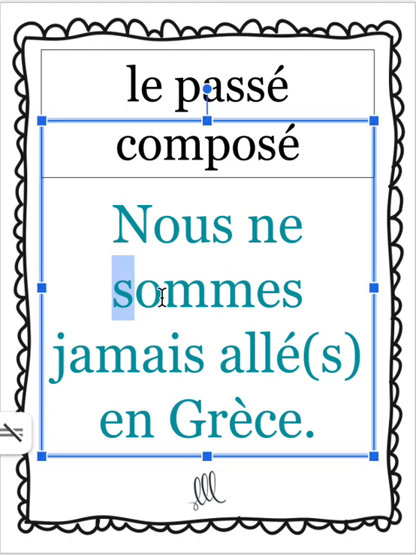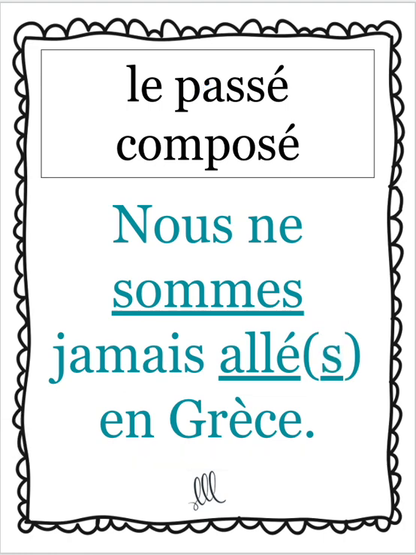Here you have your helping verb, which is the verb être, and your past participle, aller, and we have to make agreement with nous, which is plural, by adding an S. D'accord? Okay, and notice there in the passé composé, the placement of negation. The ne comes before the helping verb, and jamais goes after the helping verb and before the past participle.